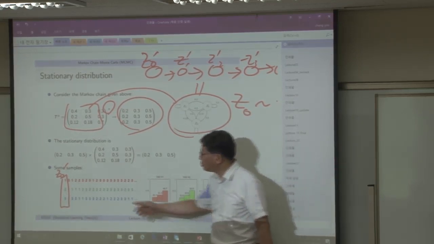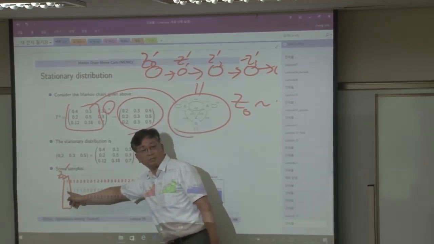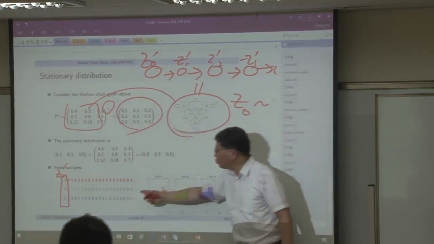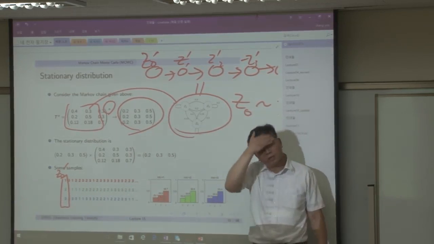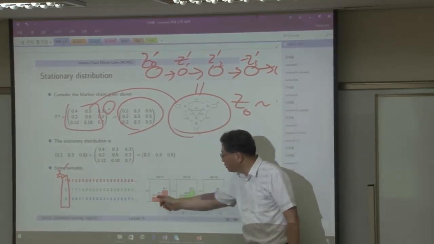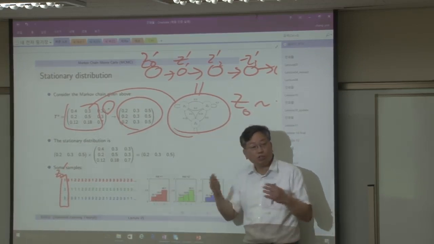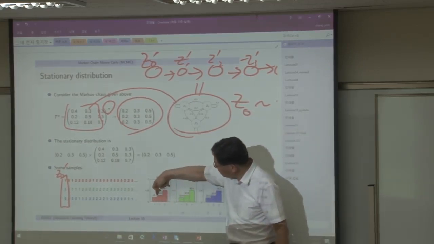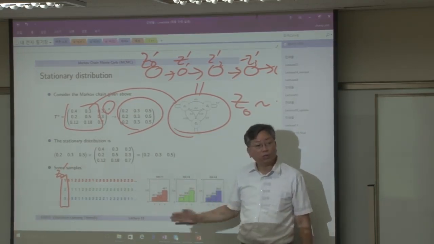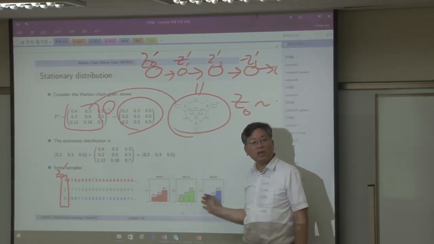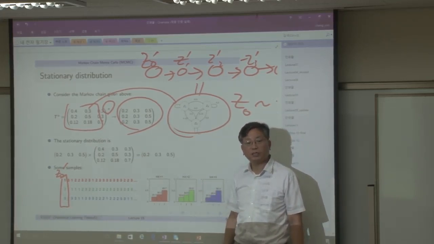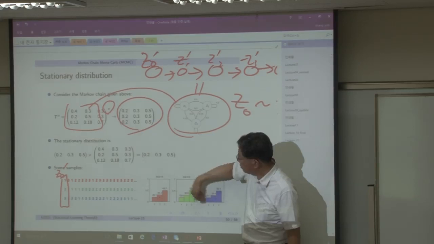He also started with another state, 3, and went through the whole thing and got this. You can see the numbers, 20.1, to show that he actually did this. But you can see that no matter where you start, you get the same type of distribution, which is very, very nice.